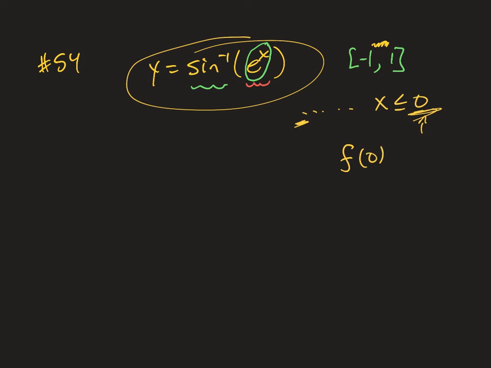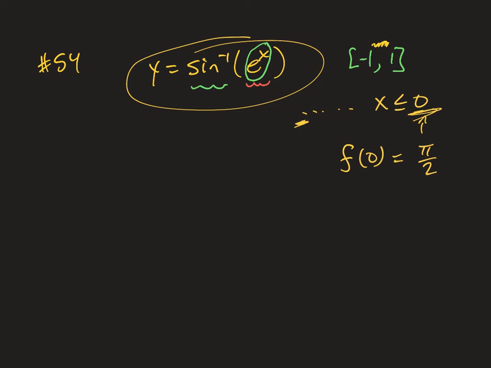F of 0 is just going to be the inverse sine of 1, which is pi over 2. When you plug 0 into e to the x, you get 1, and the inverse sine of 1 is pi over 2, because the sine of pi over 2 is 1.